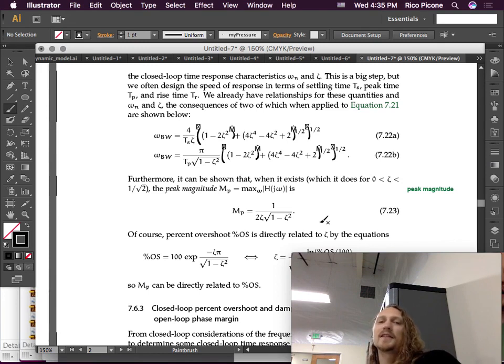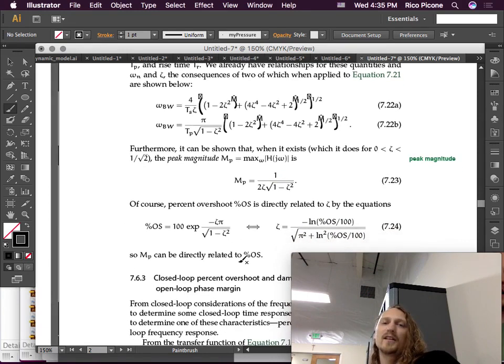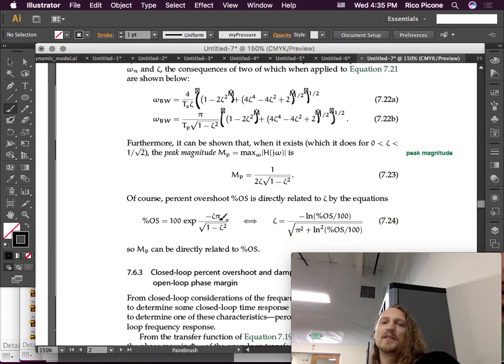Zeta is actually particularly good because zeta is directly related to the percent overshoot, right? So these two expressions tell you how to go from percent overshoot to zeta and from zeta to percent overshoot. And so if we have MP related to zeta, we also have MP related to percent overshoot.